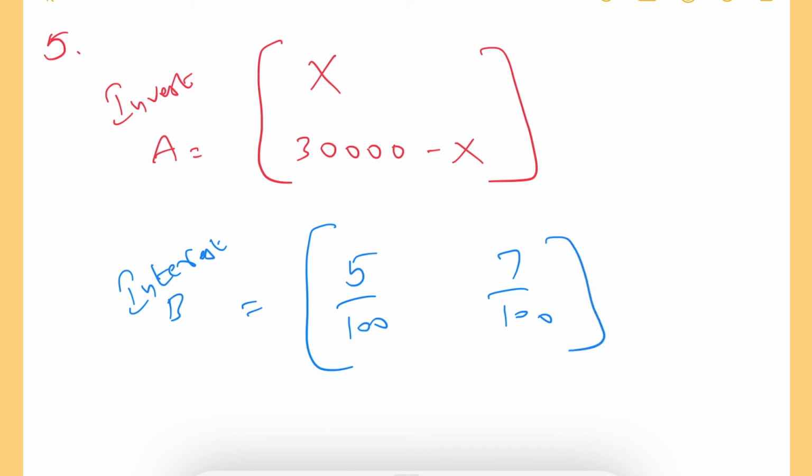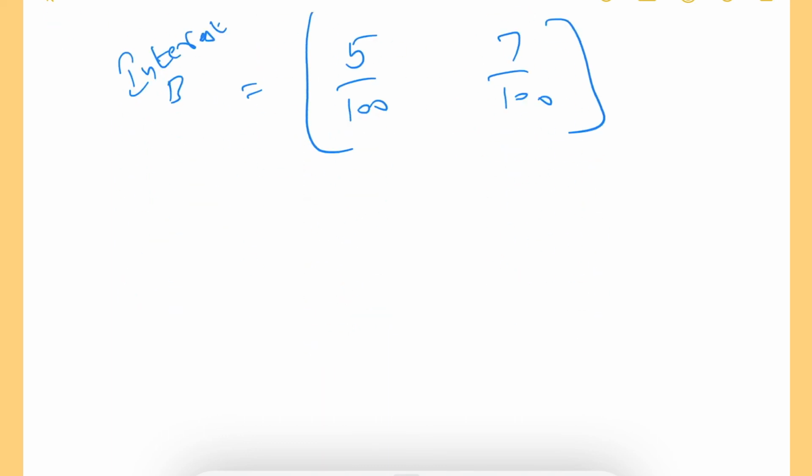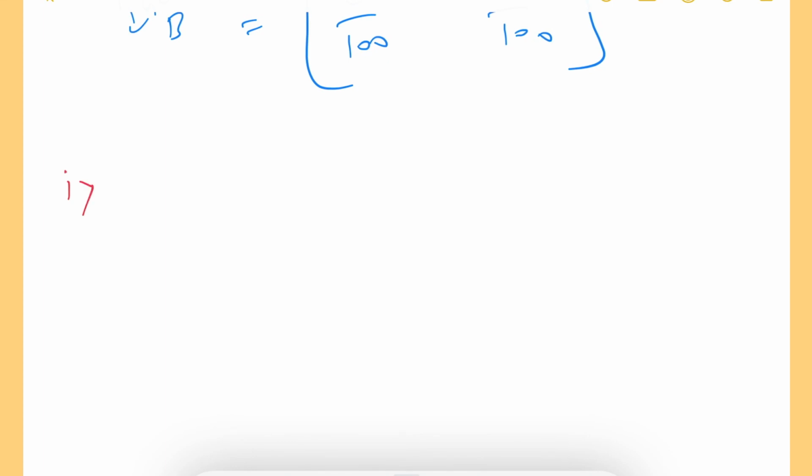Then he gave, using matrix multiplication, determine how to divide 30,000 among the two types of bonds if the trust fund must obtain an annual total interest of 1800 rupees. So according to the question, we need to get the interest as 1800. That 1800 interest is nothing but the product of the A and B matrices.